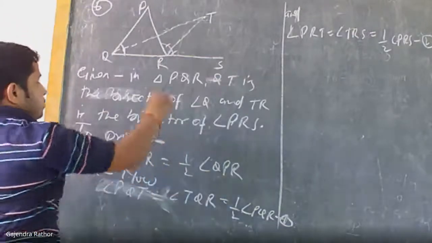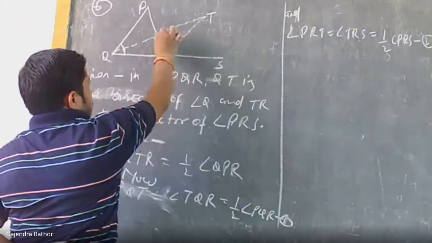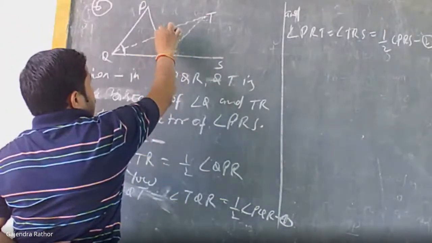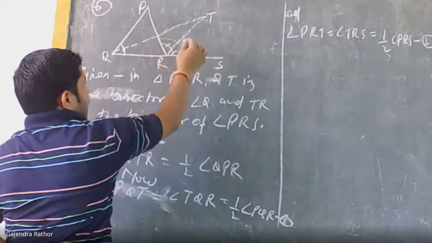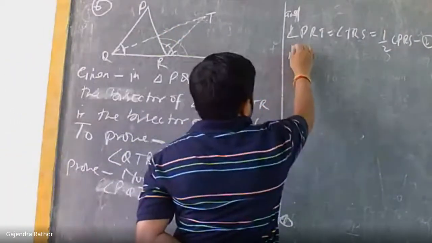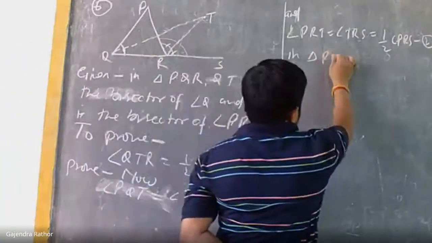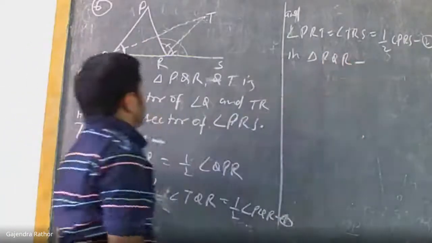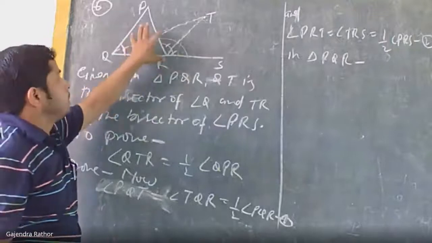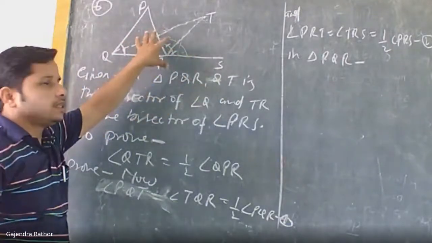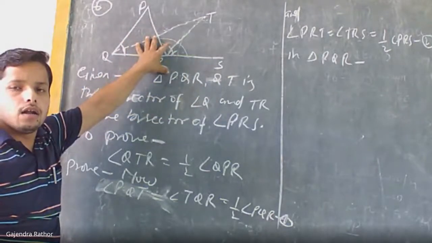Now, for triangle PQR, the angle PRS is the exterior angle.